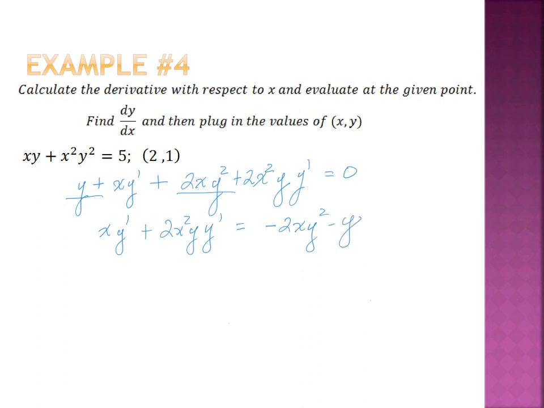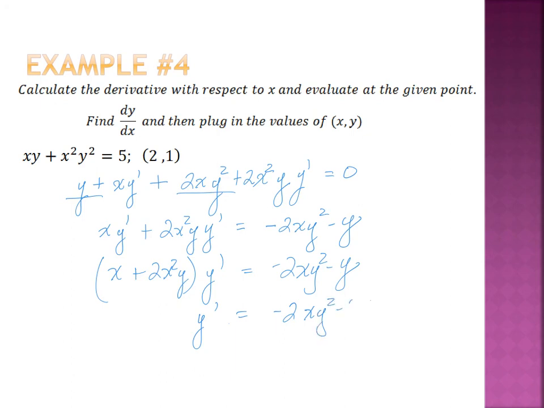And I'm going to factor out my y prime, x plus 2x squared y, quantity times y prime, and then I'm dividing. Y prime equals negative 2x y squared minus y over x plus 2x squared y.